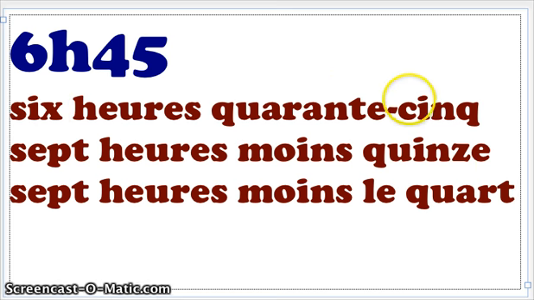And you can always tell time this way. But you need to be aware of the other ways to express time, because you're not always in control of how you hear it. Somebody else, if you go to France one day, may want to use one of these other expressions. So you need to be able to listen for it and understand it when you hear it. And that's really about all there is to telling time.